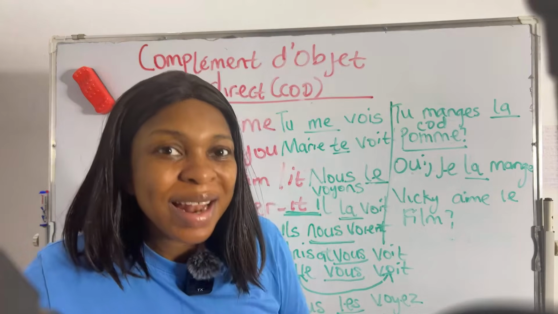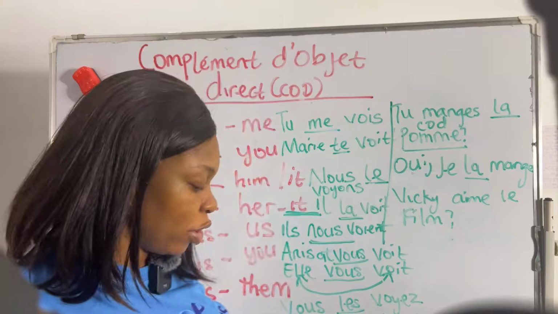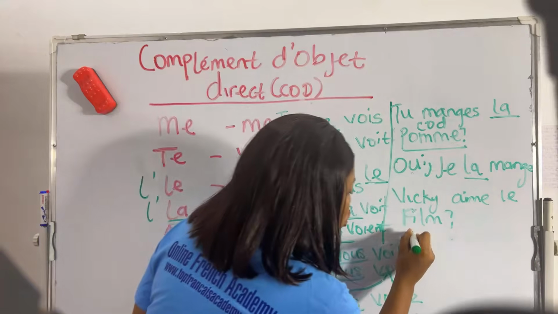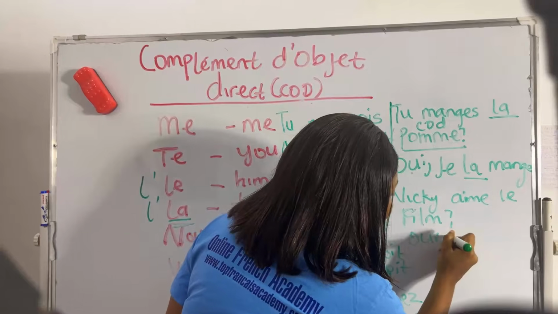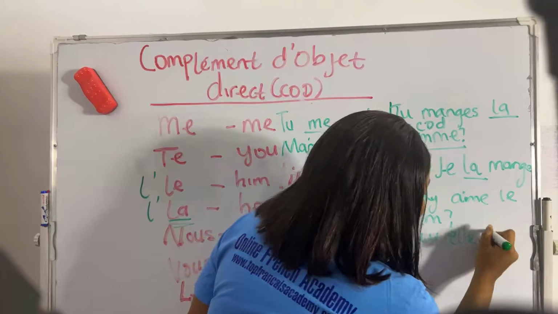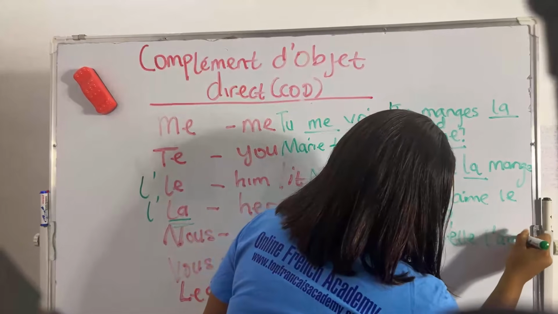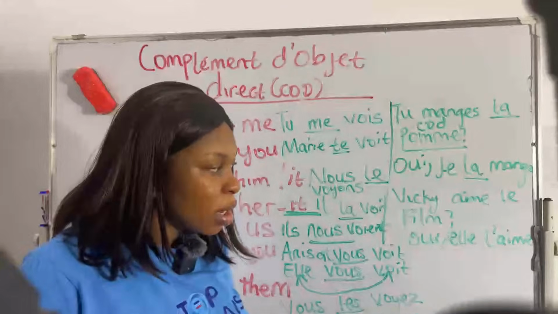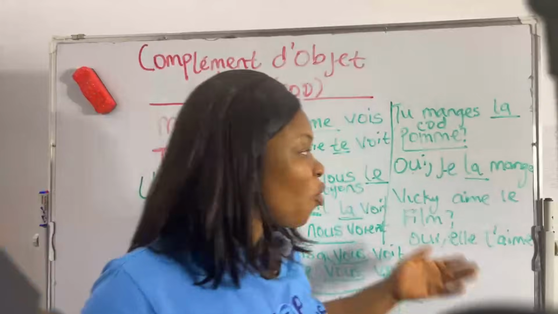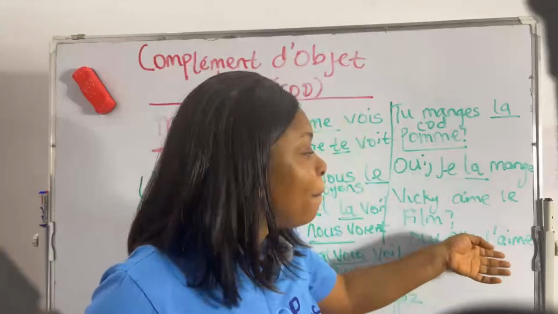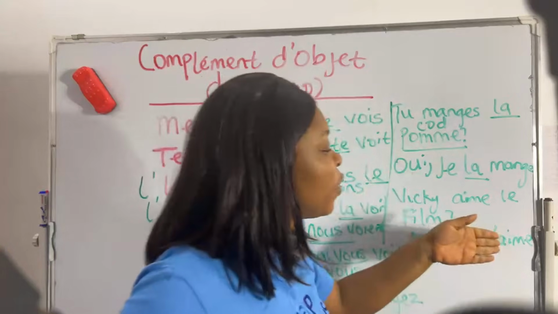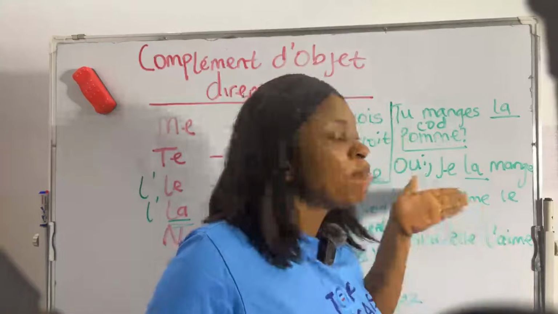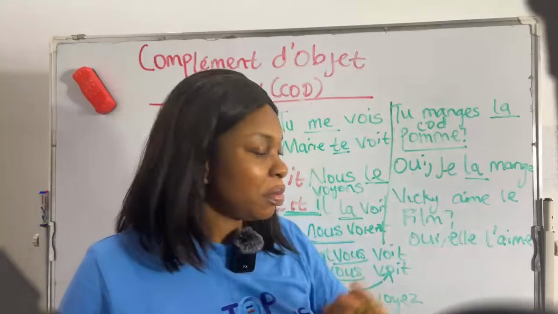Yes, she likes it. Look at how we're going to write it. I will say, oui, elle l'aime. Why is the L apostrophe now there? Because it is before a verb that begins with a vowel.